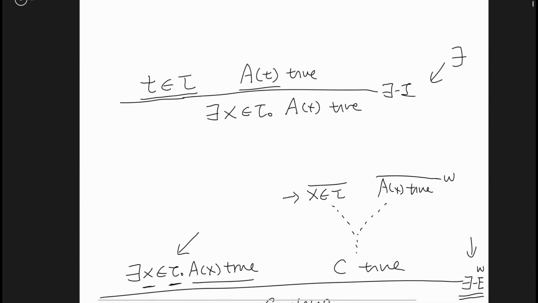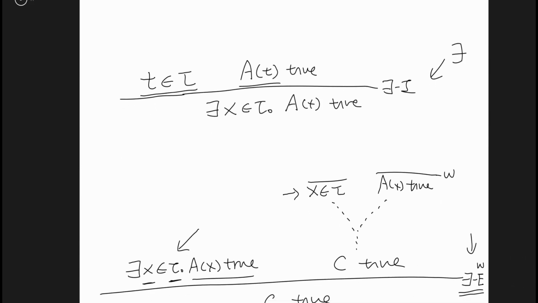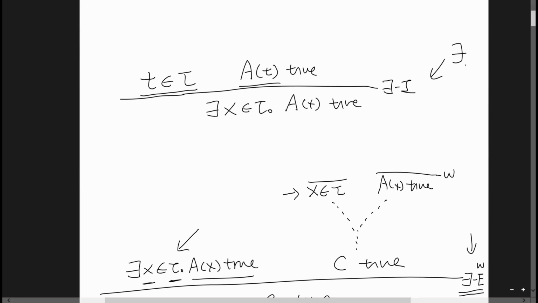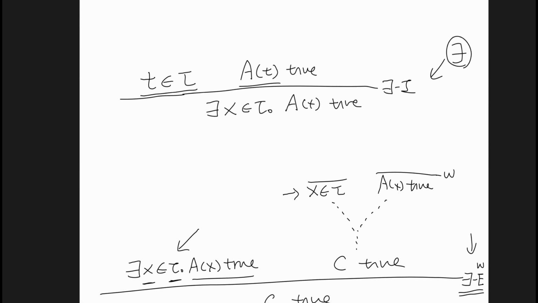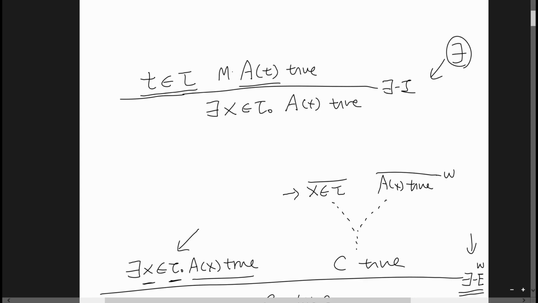And now let's talk about the proof terms for this existential quantification. So suppose that we have a proof term M of type A of t. So this is now gone. And the question is, what kind of proof term would you assign to the conclusion, which should have this type?